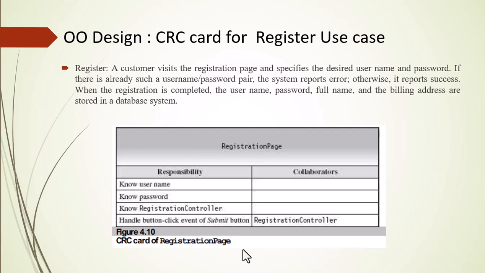Handle the click event of the submit button, meaning the submit action. The collaborator of this function is the registration controller. The registration controller is a program class that is the collaborator for this responsibility. Without a collaborator, the responsibility is not achieved.